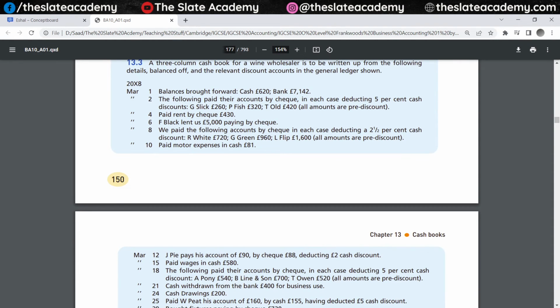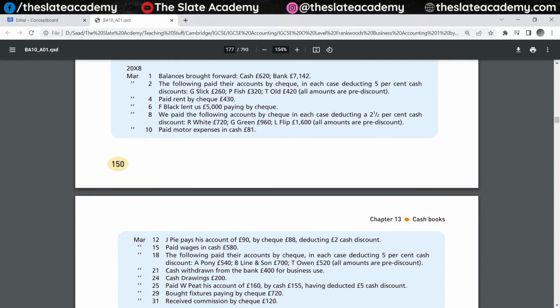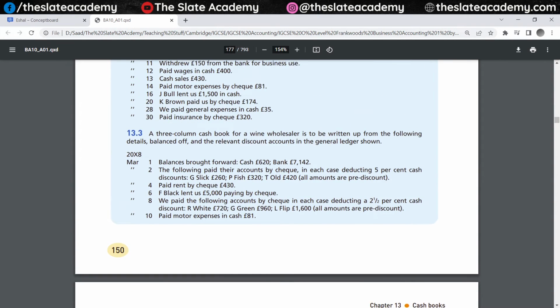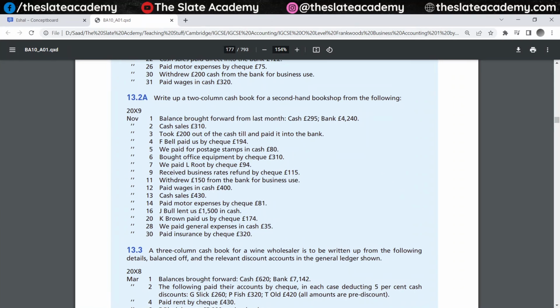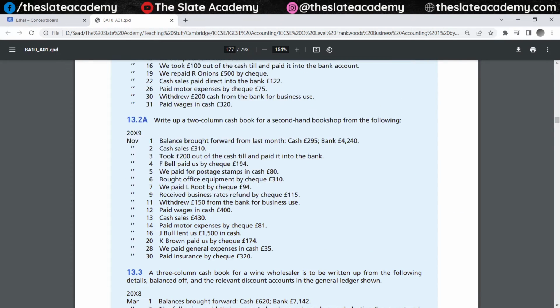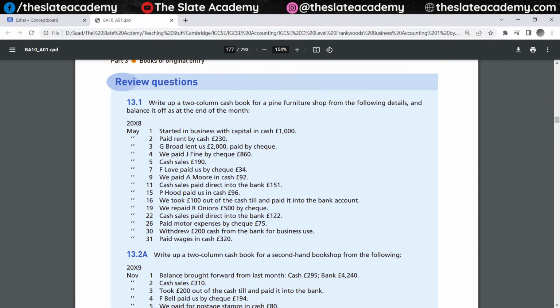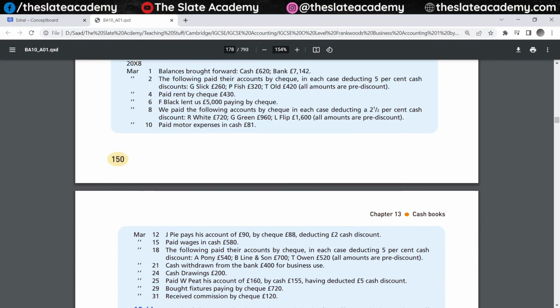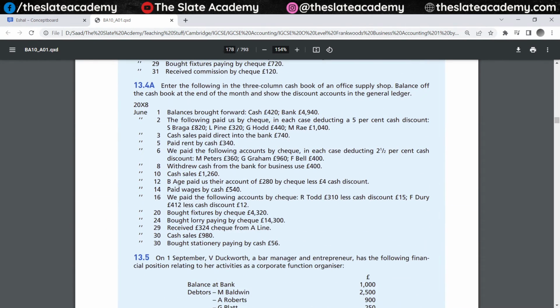Paid rent, paid by check. Somehow the example questions over here do not contain that. I'll give you one from the other book for practice which has the trade discount element to it as well. I'll give you that one as homework.